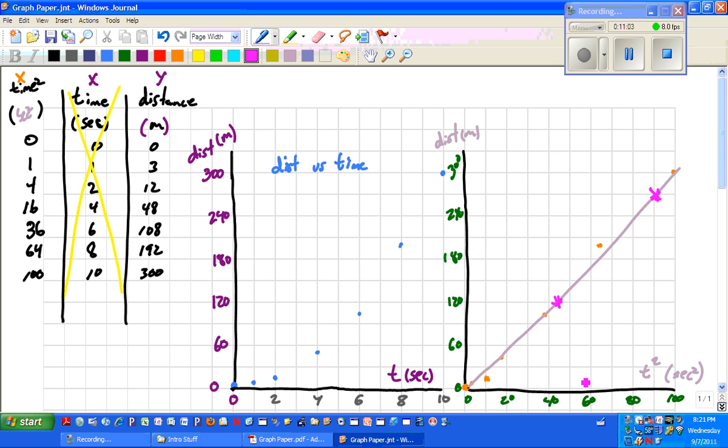So we're looking at 120 and about 45. So I'm looking at this here, and this here, and this here, and this here. So I got my change in x, I got my change in y.